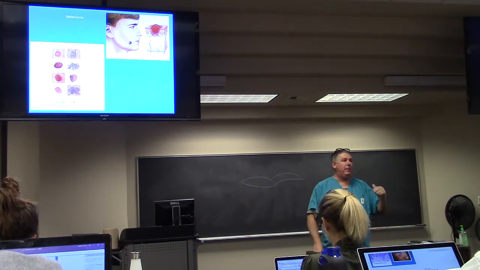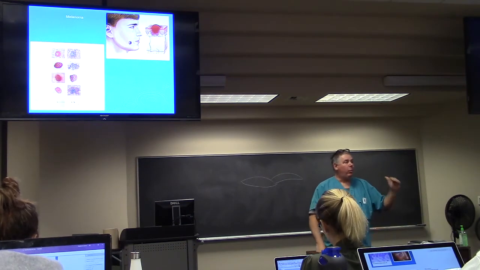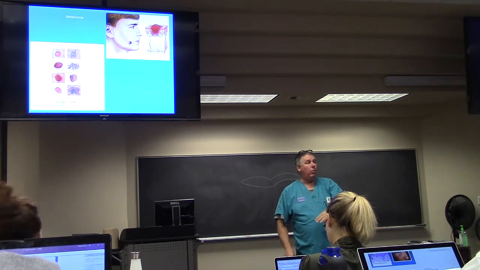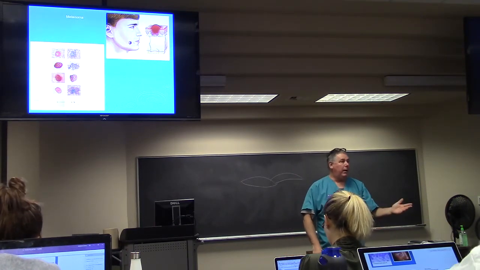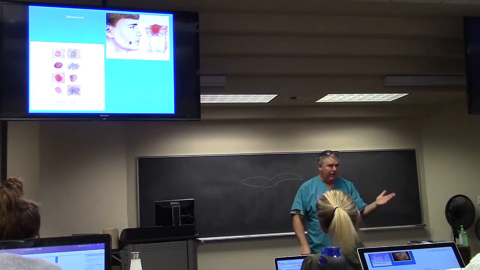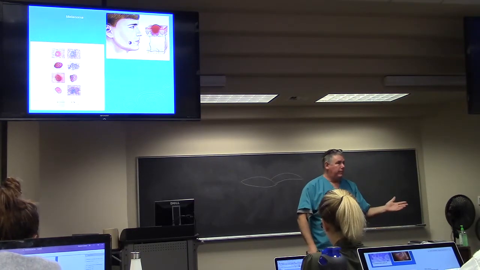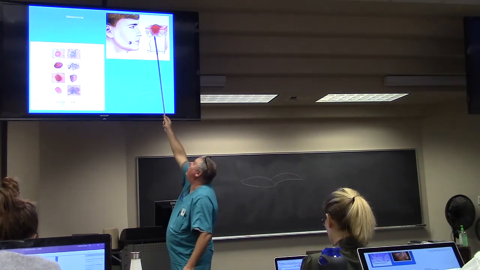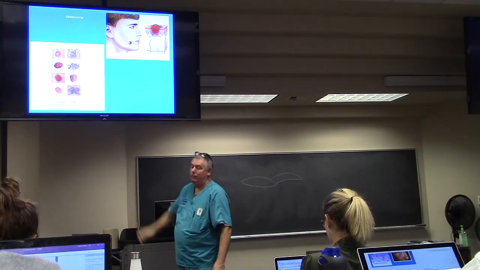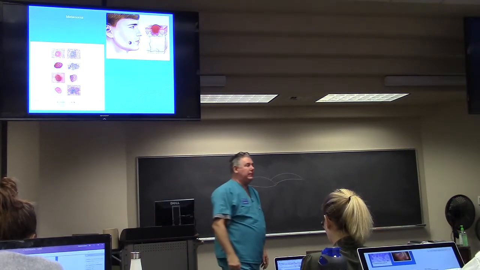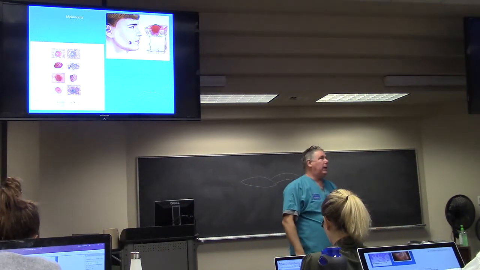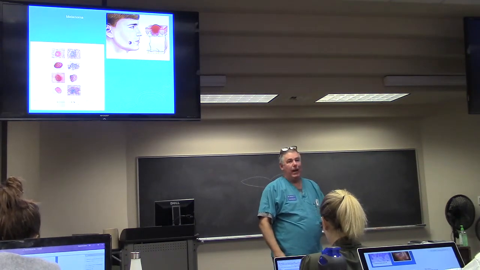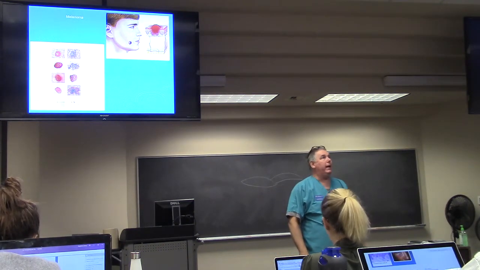If you identify them and excise them prior to them extending through the basement membrane, you've got a 100% chance of survival, cure. It's only when they invade through the basement membrane and enter the dermis and the subcutaneous tissue that it becomes not only malignant, but metastatic and deadly.